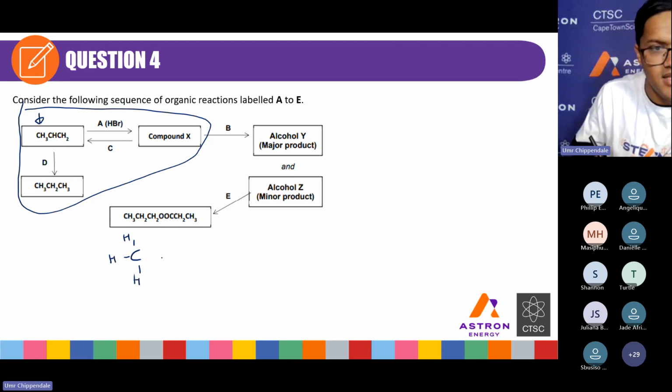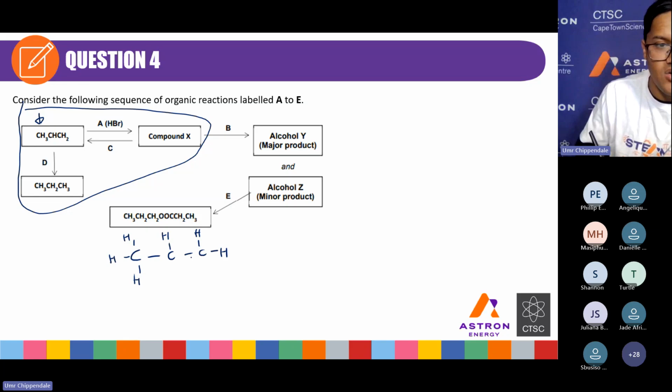It will make it a bit easier to deal with. Then we have our CH, so it's only one H over there. And here we have our CH2, so there's 1, 2, 3, and 1, 2, 3 for the second and third carbon. So we put our double bond in between there. So that is what this molecule is.